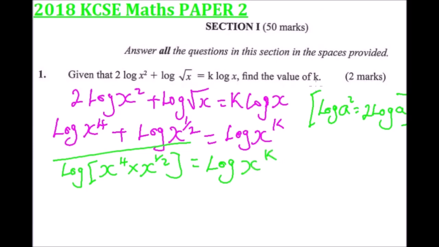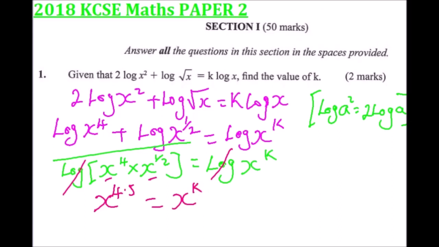Now, from there, we get the anti-logarithm, which is the same as cancelling log on both sides. We add 4 and a half because we have a common base, then we have x raised to power 4.5, is equal to x to power k.